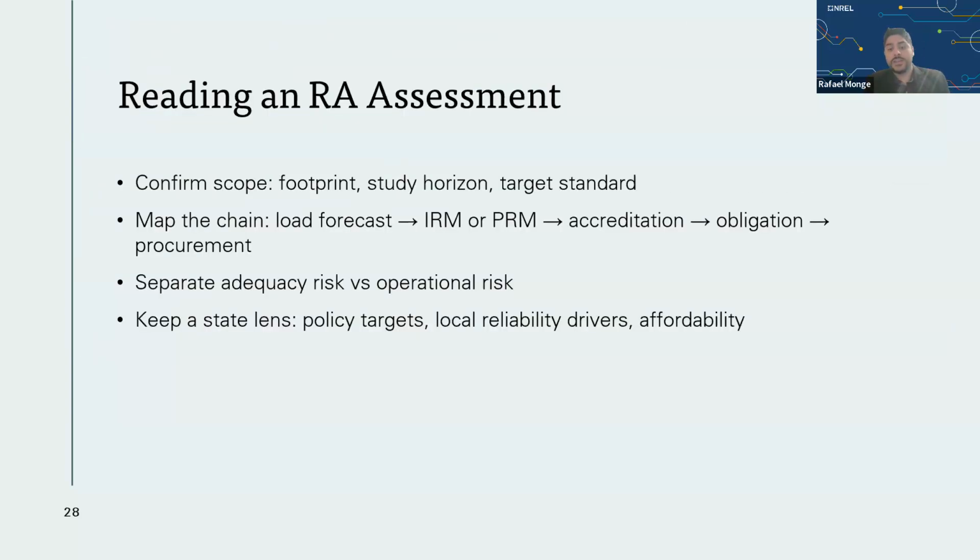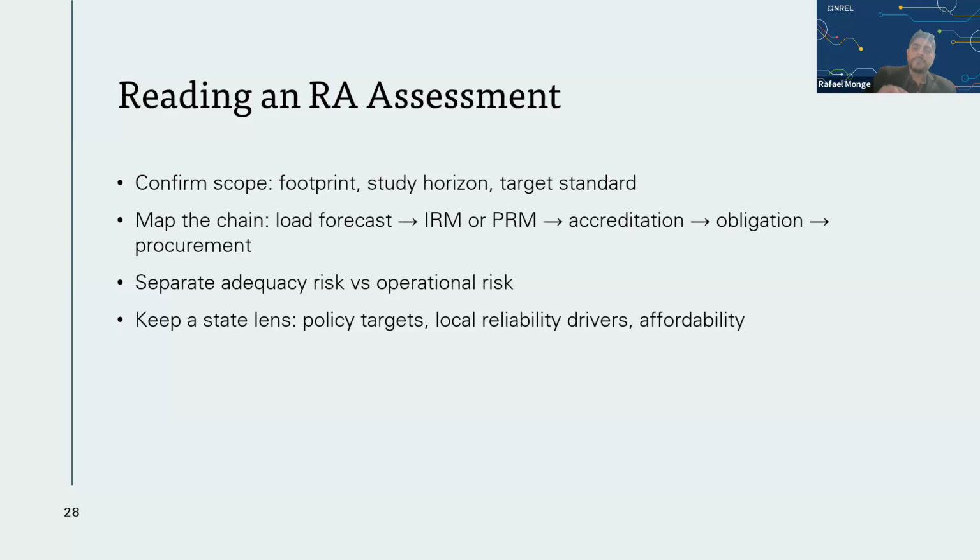The first thing we recommend is to ground the context. Pay attention to the footprint, study horizon, and the target standard. Many regions use the 1 day in 10 years target, and some also report event counts or energy at risk. Second, trace how analysis becomes obligations.